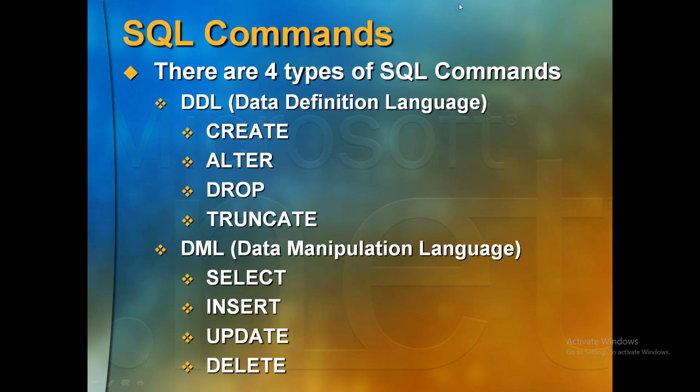These three are called writing. Remember this. And this command is for reading. So in RDBMS we are going to have data writing and reading: insert, update, delete. Am I clear?